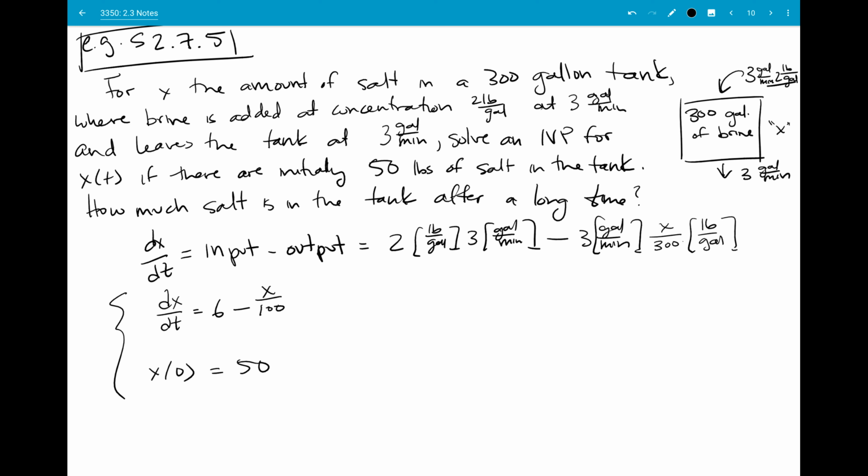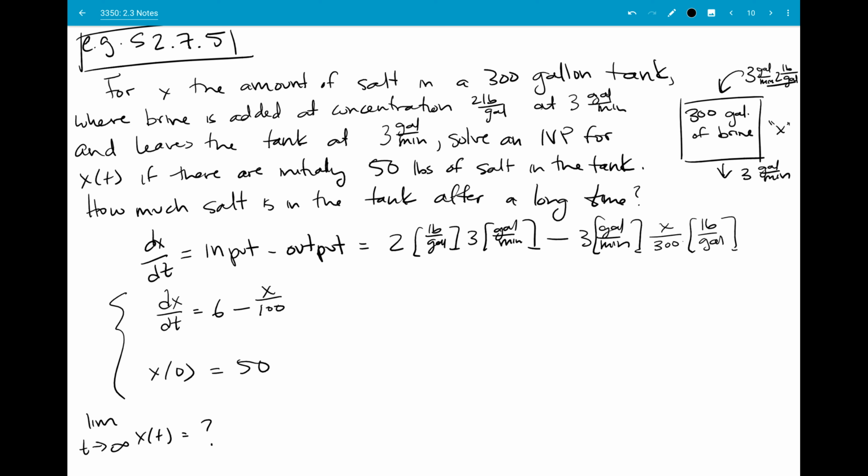Now, if we want to answer that question of how much salt is in the tank after a long time, that's sort of like those questions you had in your homework. The limit as t goes to infinity of x(t) is question mark. And you know that you can solve that sort of thing just by an equilibrium problem.